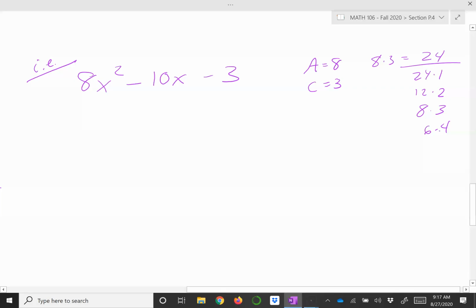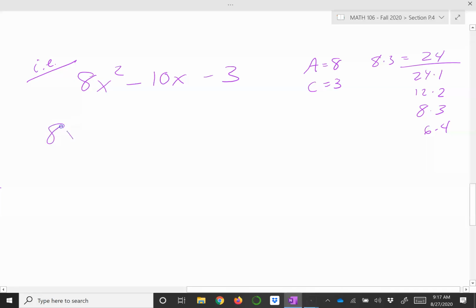So 6 and 4 can do it, right? 12 and 2 can do it. So which one is it? Six and 4. Let's try it.